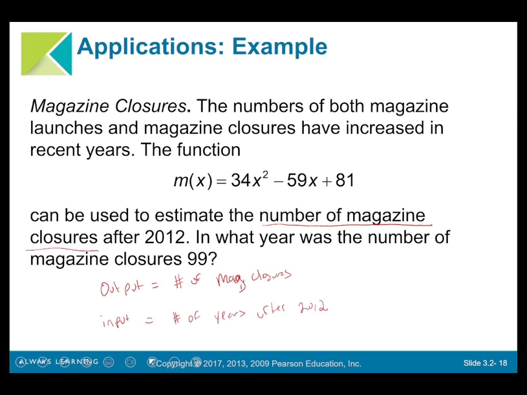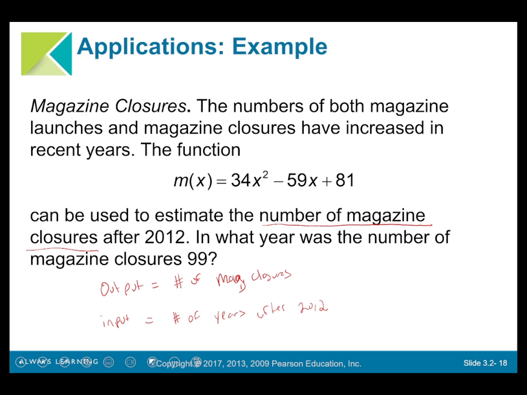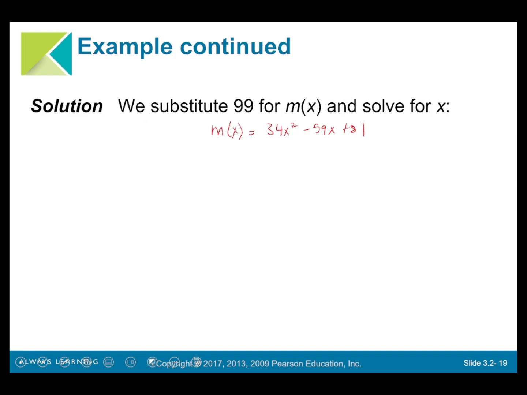So let's go ahead and do that. We want to write down our function m of x equals 34x squared minus 59x plus 81. I'm just going to double check that I have that right. 34x squared minus 59x plus 81. Yes.